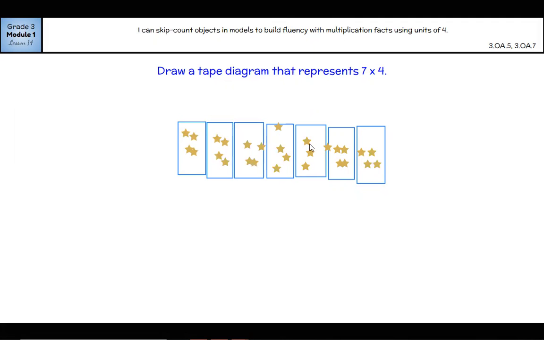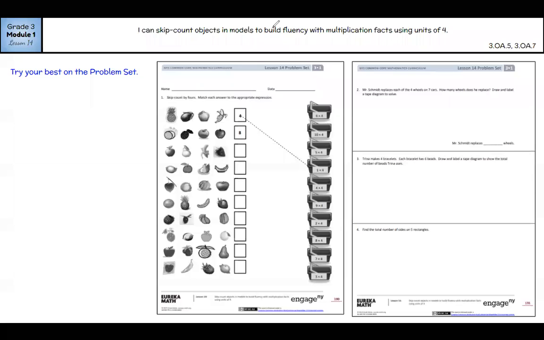If I want to solve this, if I want to do 7 times 4, I'm going to count by 4s. 4, 8, 12, 16, 20, 24, 28. So 7 times 4 equals 28. Okay, now it's your turn to try the problem set.